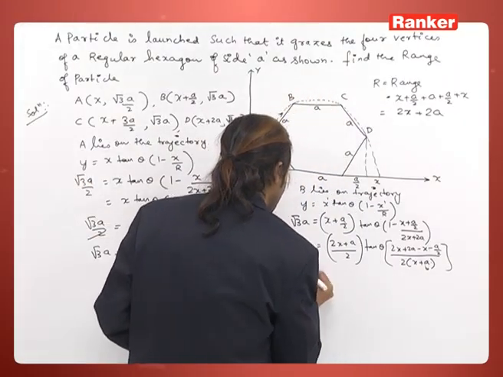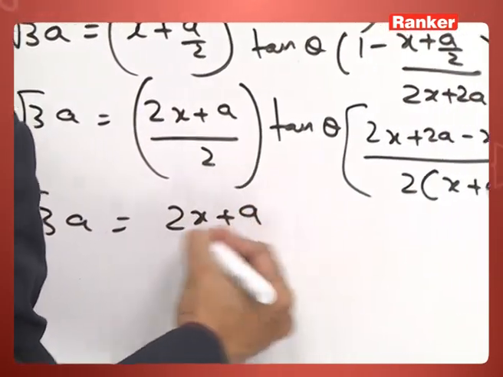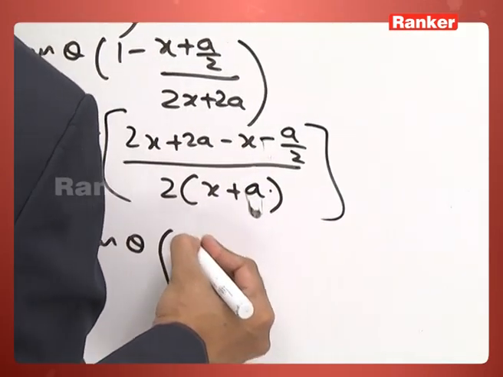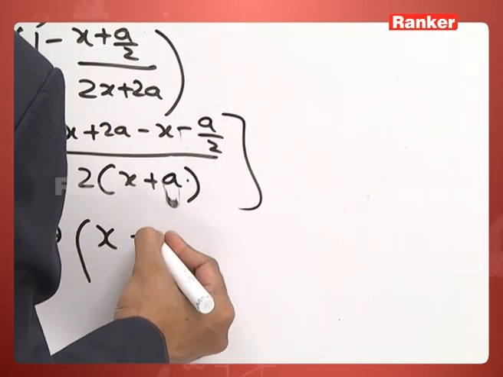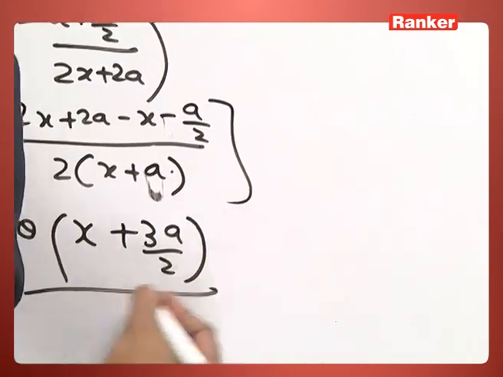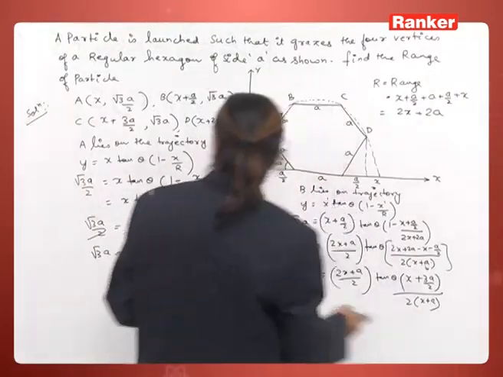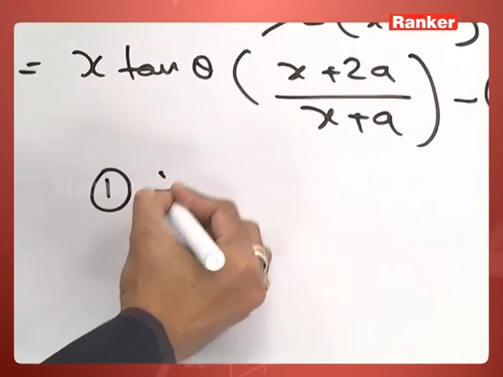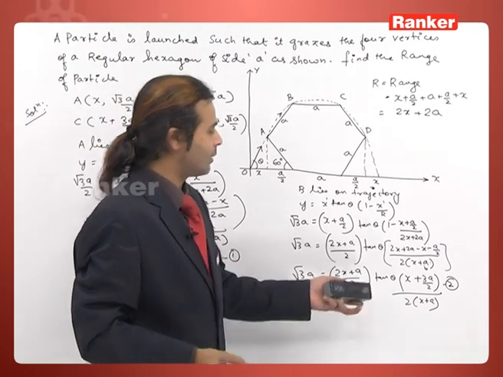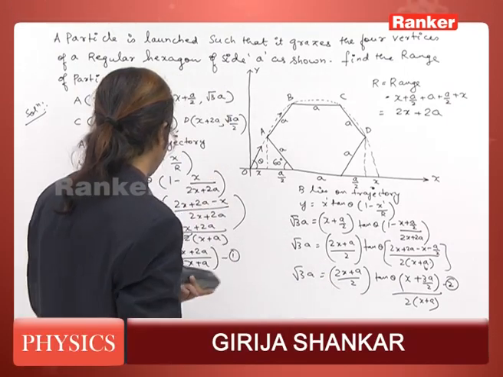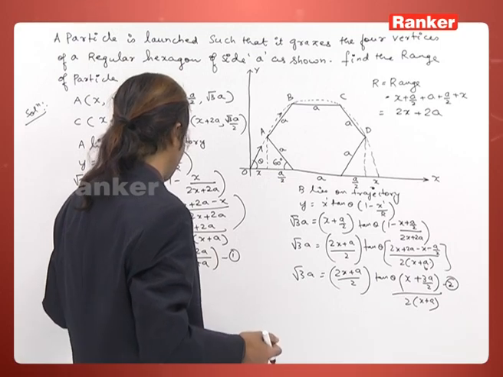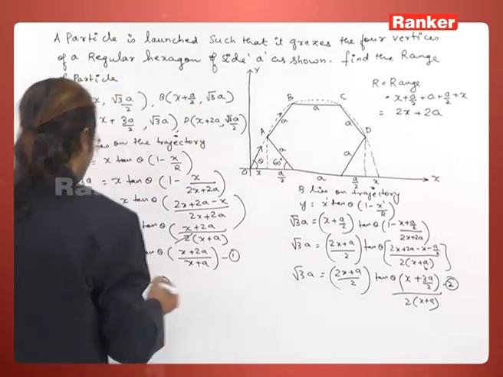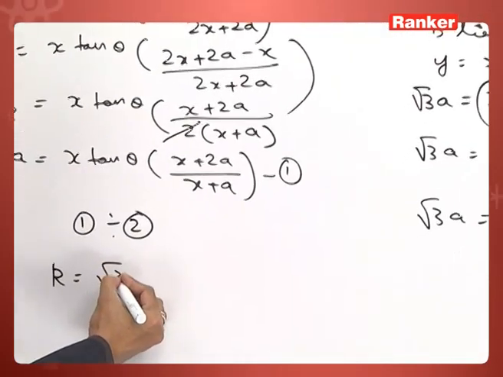So this becomes root 3a equals (x plus a by 2) tan theta into (x plus 3a by 2) divided by 2 into (x plus a). So dividing equation 1 by equation 2, the tan theta cancels out, and you will get a quadratic equation of x in terms of a, and range you can find out as 2x plus 2a. So finally you will get this answer as range is root 7 a.